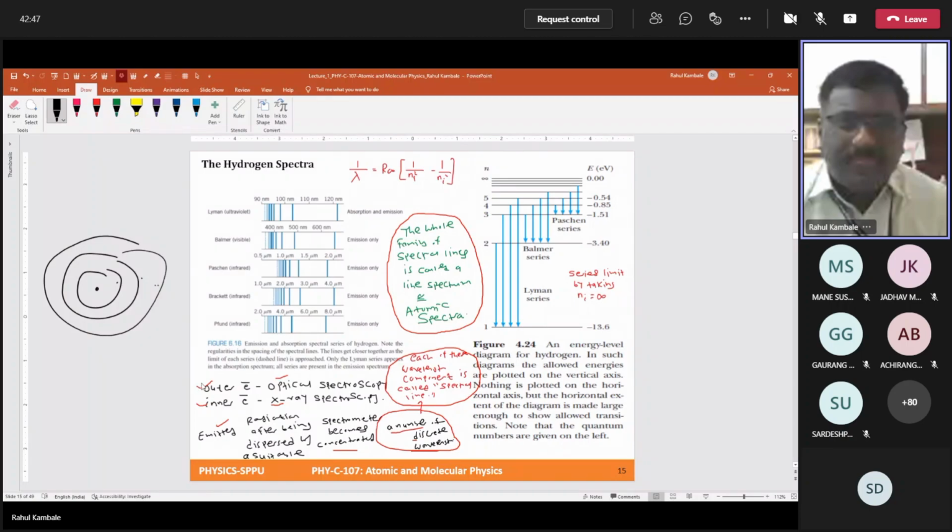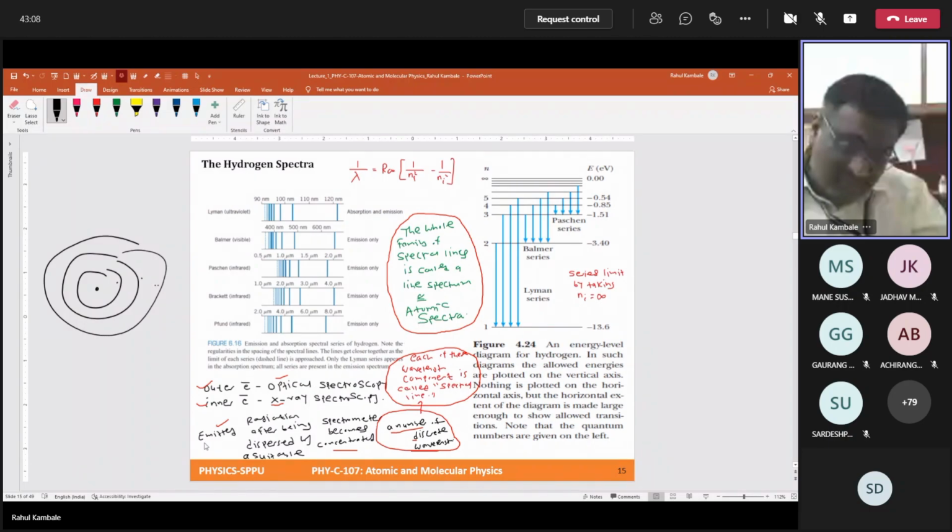If I am dealing with outer electrons, then I will get optical spectroscopy. But if I deal with the inner electrons, which are very close to the nucleus and tightly bound, then this is called X-ray spectroscopy. Maybe the last part of this topic is the X-ray spectra, so we will discuss it at that time.